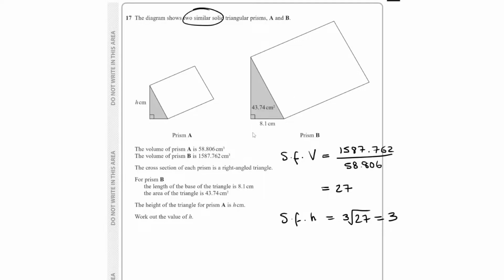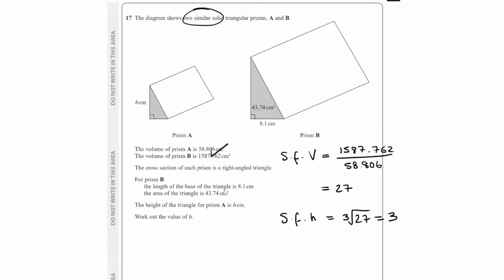So what we're saying is that in terms of just one-dimensional measurements, in terms of the base, the height, and also the length, technically, prism B is 3 times the size of prism A. That's what we're saying. So how do I actually use that to work out the height? Well, I've used this information, haven't I? I haven't used this information down here yet.